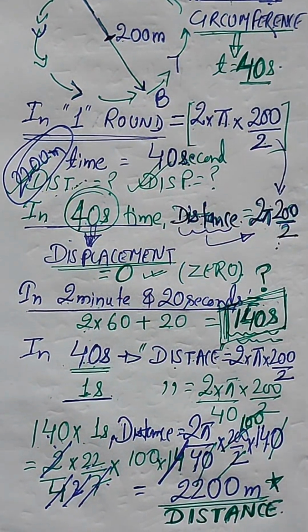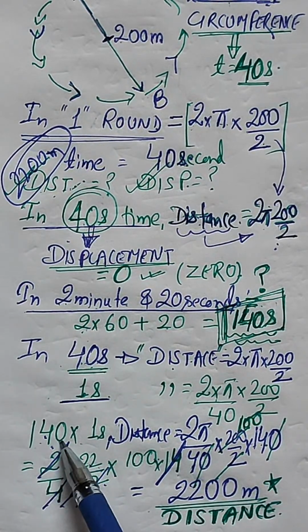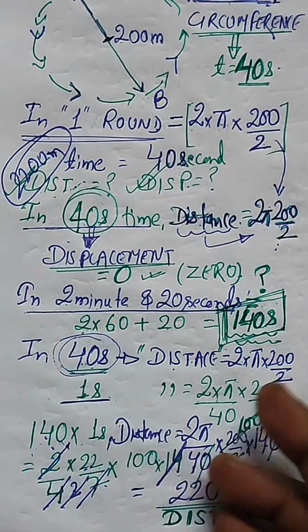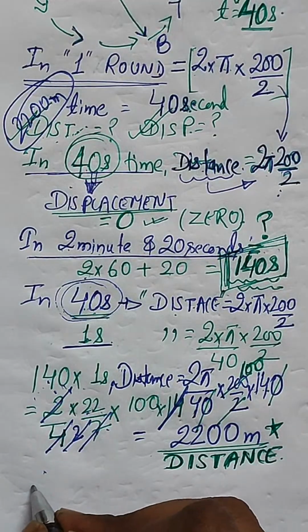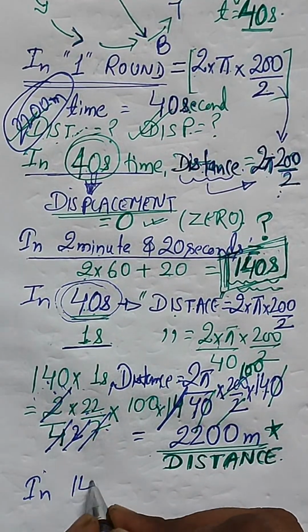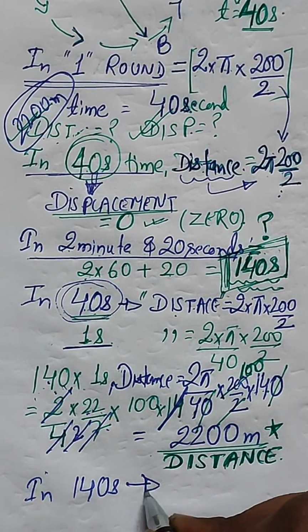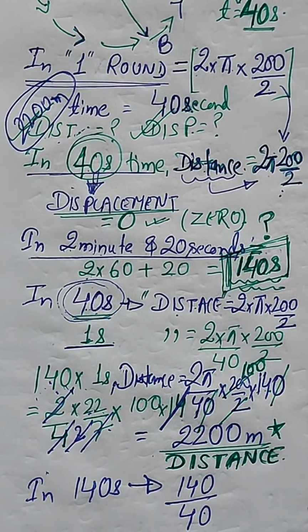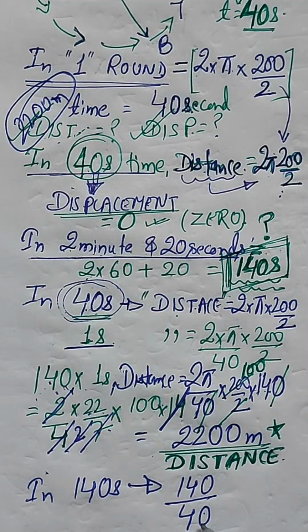Now you can see in 140 seconds, how many 40 seconds are coming? Just divide it by 40. Why I am doing it, I will explain. Because in 40 seconds he completes one round.